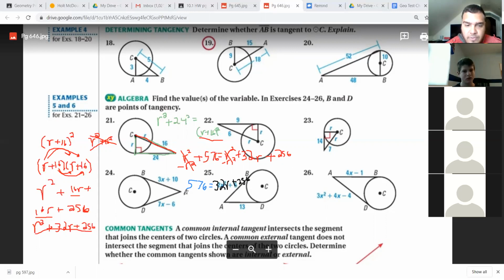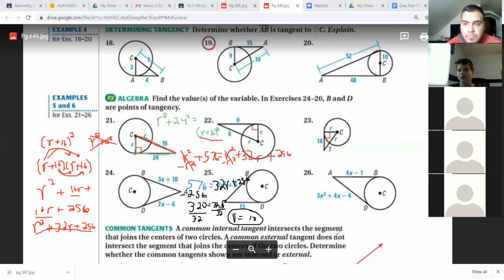I'm going to subtract 256 on both sides. 320 equals 32R. Then divide by 32 on both sides. R equals 10, because 32 times 10 is 320.